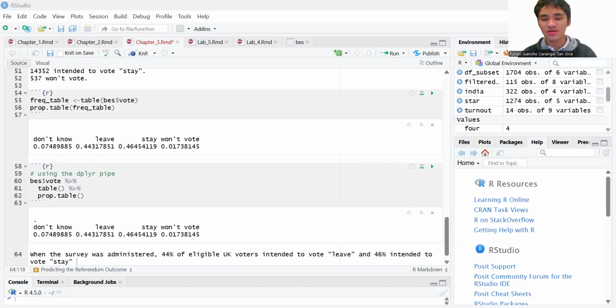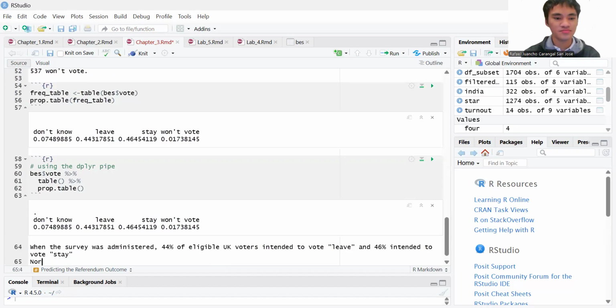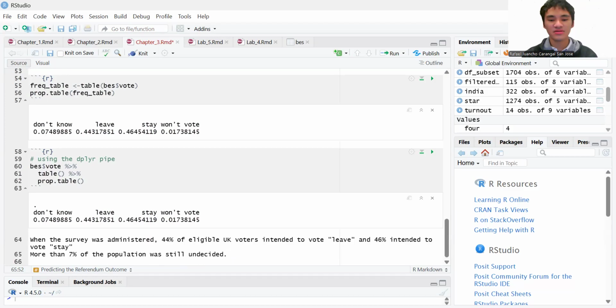And here we say that more than 7% of the population was still undecided. It's really a nice way to gather data using this. Pretty cool.